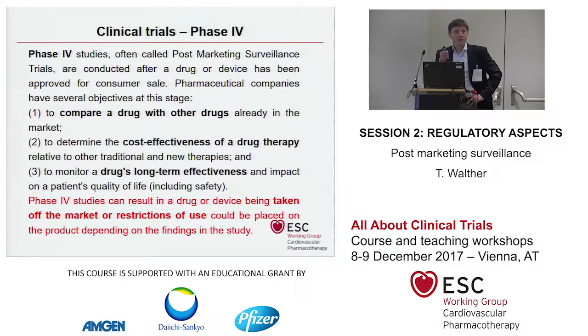But whenever the company starts a clinical phase 4, you have to be aware of the fact that at the end of a phase 4 you run the risk that you lose your marketing authorization, or that there are restrictions to the use within the marketing authorization.